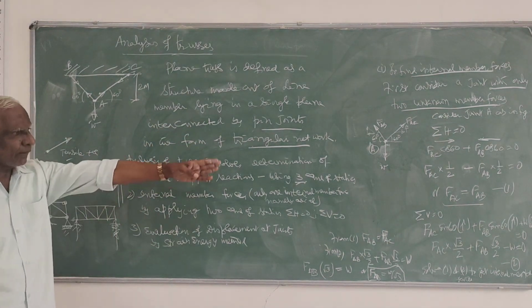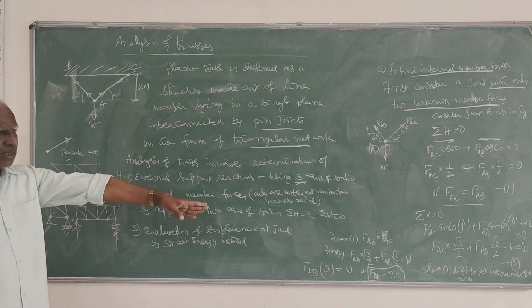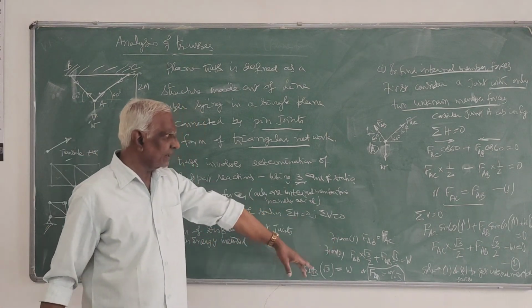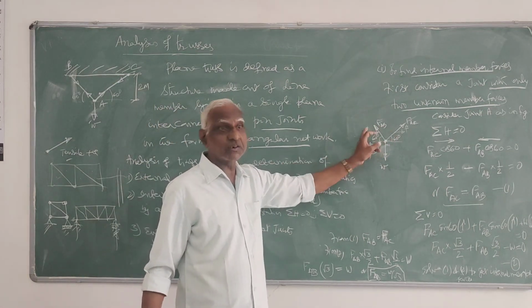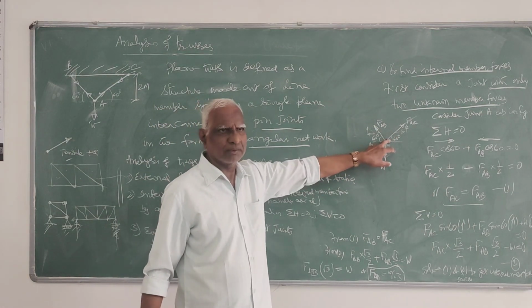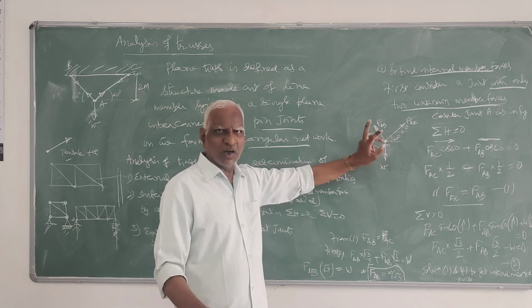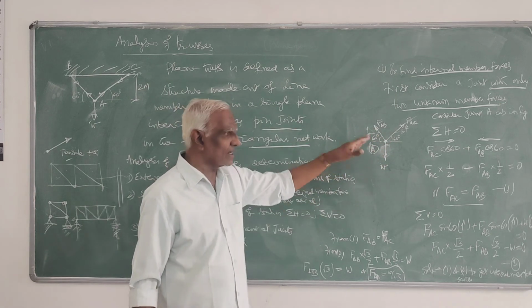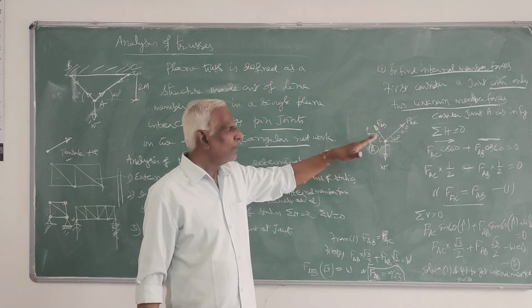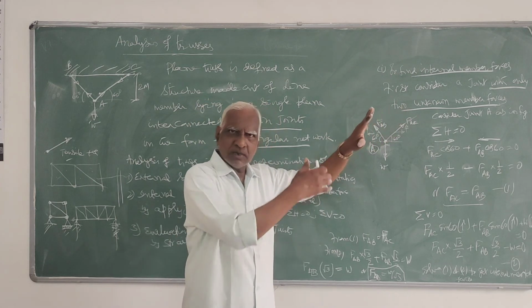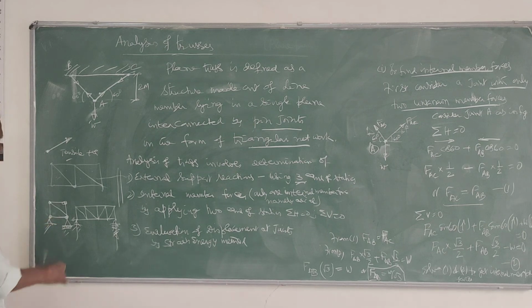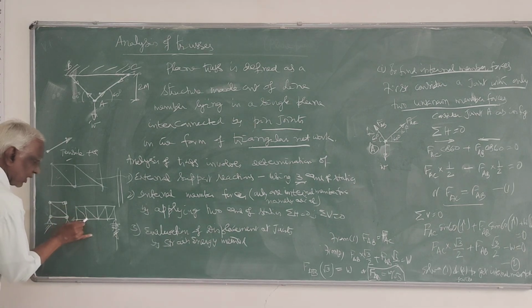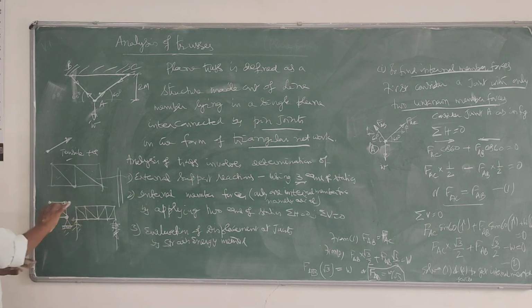Take that joint, apply two equations as I have told, taking this sign convention. Of course, resolution you have to do properly, which I hope you already know from applied mechanics, resolution of forces, because inclined members always have to be resolved horizontally and vertically into components. But members which are truly horizontal or truly vertical, you need not do any resolution.